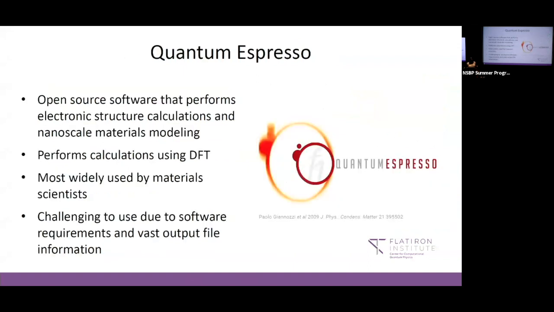This is where Quantum Espresso actually comes in. So Quantum Espresso is an open source software that performs electronic structure calculations and nanoscale materials modeling. It performs calculations basically using DFT, or density functional theory. It's most widely used by material scientists.